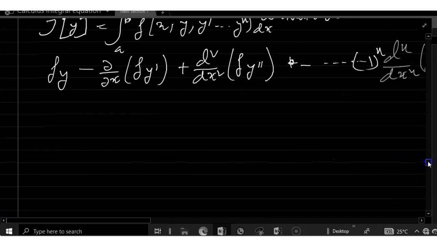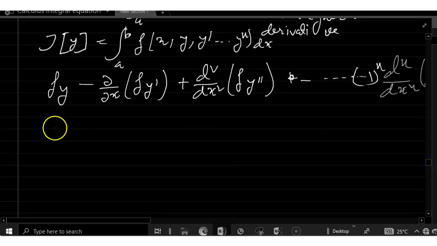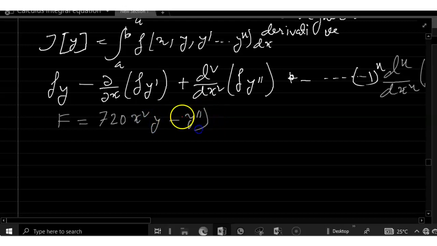So I can write this equation. My capital F is 720 x square y minus y double dash whole square.